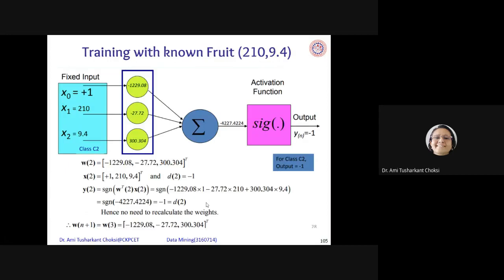With that, we continue training with known fruit, right? We check whether we need to adjust or not. If the desired output and actual output are the same, we do not need to recalculate.